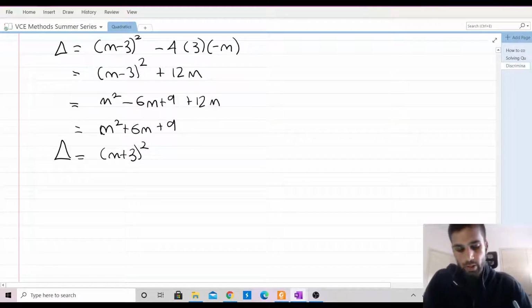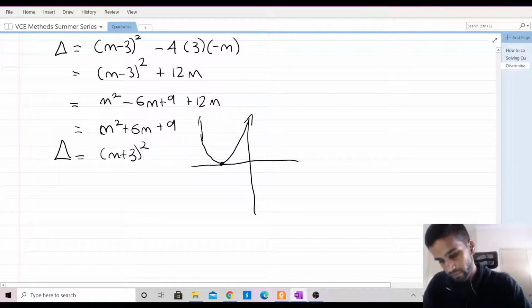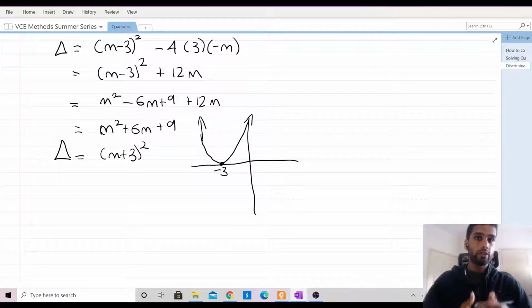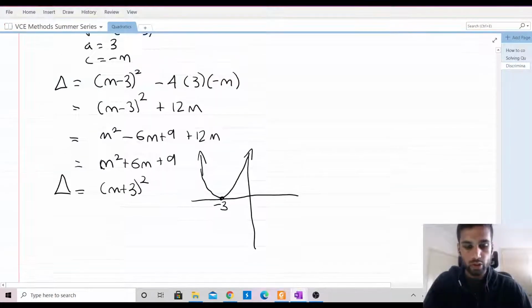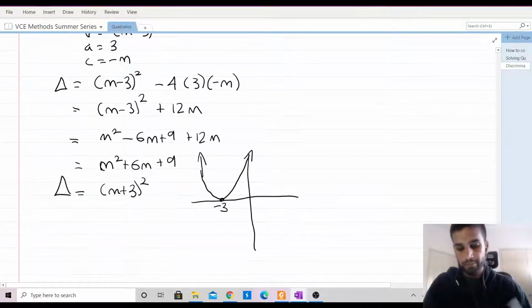M plus 3 squared is actually a quadratic that looks like this at negative 3. If you notice carefully, this quadratic is at 0 or greater than 0 for all values of m. And if the discriminant is greater than 0 or higher, that means one or two rational solutions occur. And we want to show it's rational for all values of m.